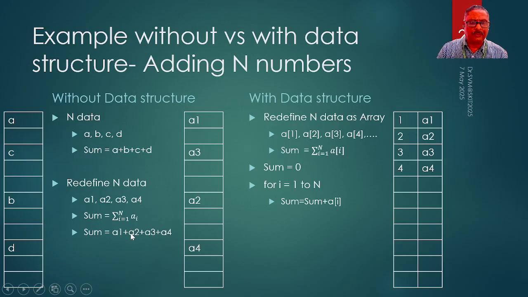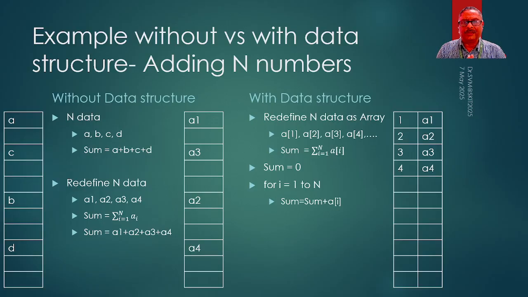But yes, I have to add them manually. But once I define them with a data structure, then my work has become so simplified that in 3 lines I can add any number of numbers provided these numbers are stored in the form of an array.